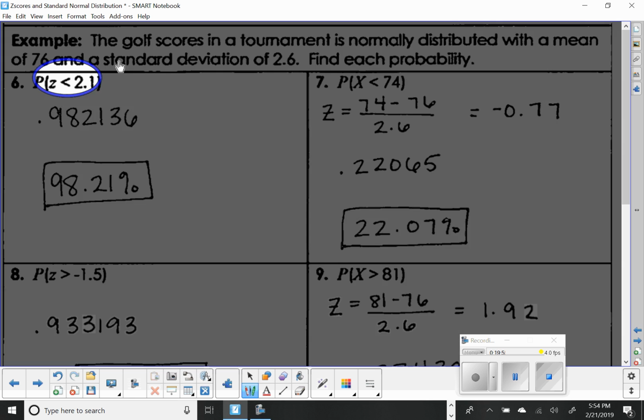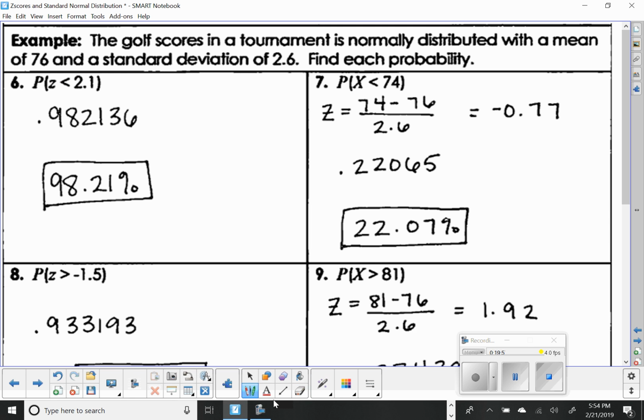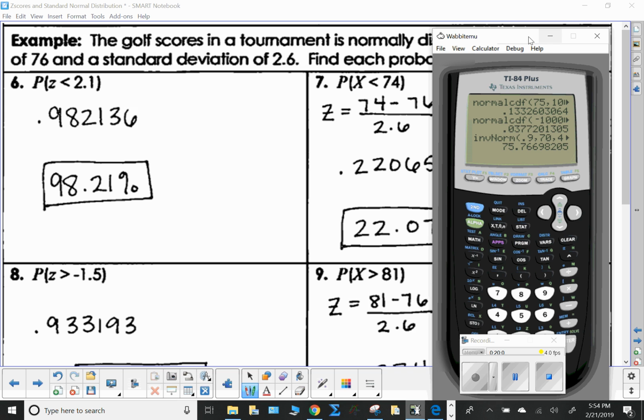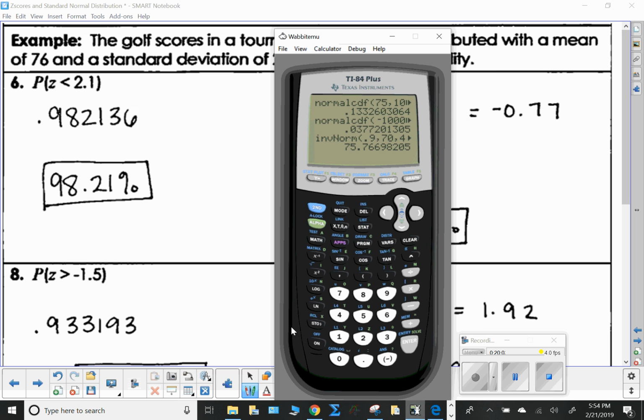This one, you're going to do one of two ways. We can have our calculator, and we can clear it. We can do second vars, normal distribution, and I want to know if it's less than, so negative 1e99, that's fine.